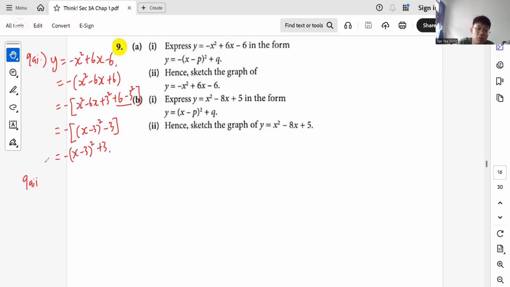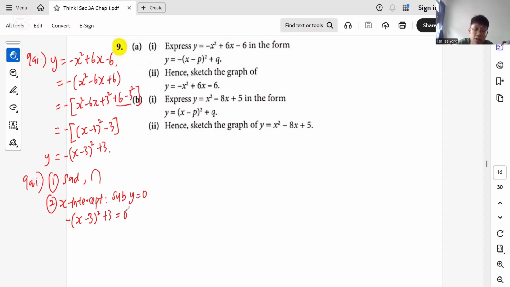So 9a part 2. First thing first, smiley or sad face. This one is obviously sad, right? Because the coefficient of x squared is negative 1. Number 2, how to find the x-intercept. Same thing, sub y equals 0. So you have negative (x minus 3) squared plus 3 equals 0. So (x minus 3) squared equals 3. Then x minus 3 equals plus or minus square root 3. X equals 3 plus or minus square root 3.